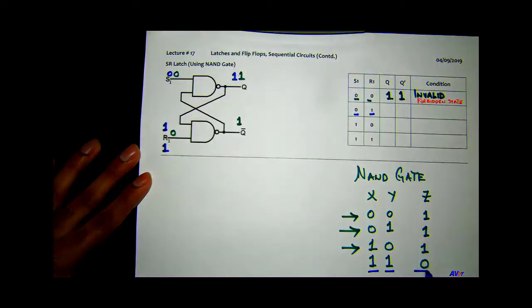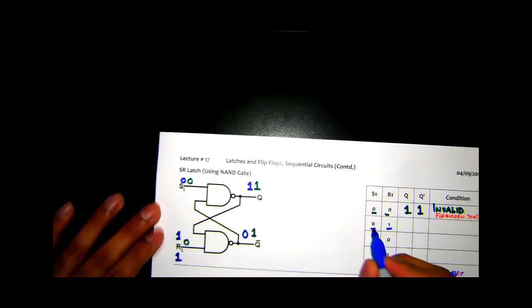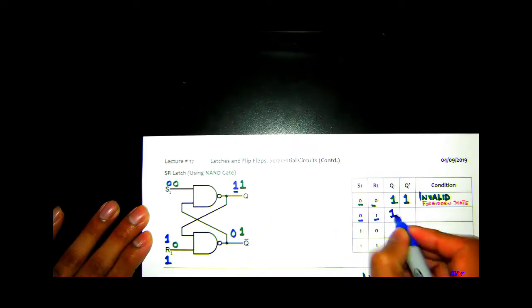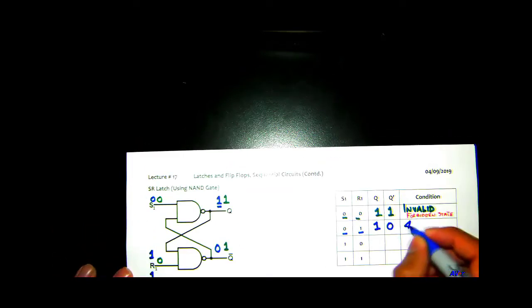So this will be 0 here. So when S1 is 0, R1 is 1, Q is going to be 1, and Q naught is going to be 0. Okay, and we are going to call this condition as set condition, like we previously have done.